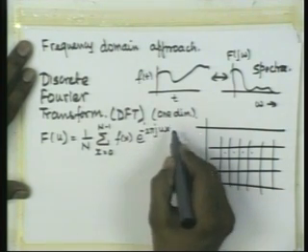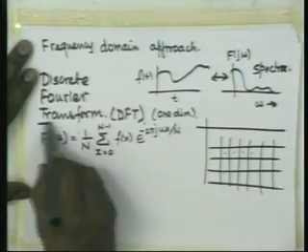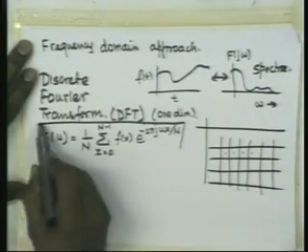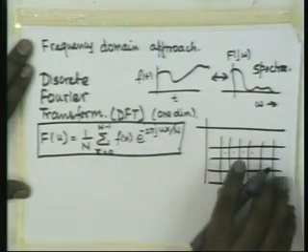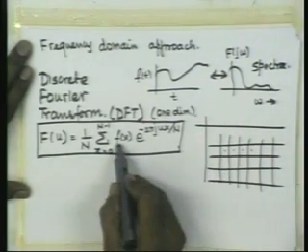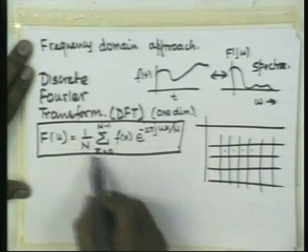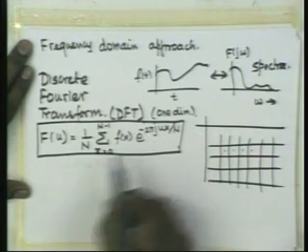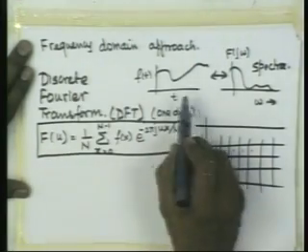Okay, so you look at this. This is what is known as the discrete Fourier transform of a function of x. And when the transform is applied on this particular function, you get a new function, which is a function of frequency.